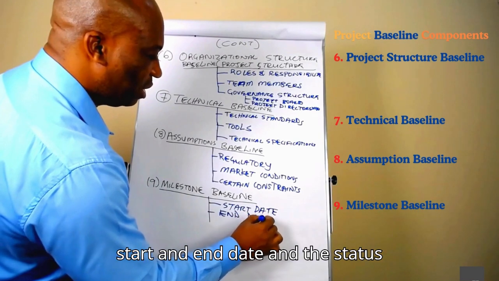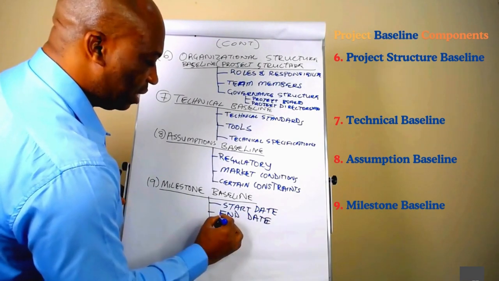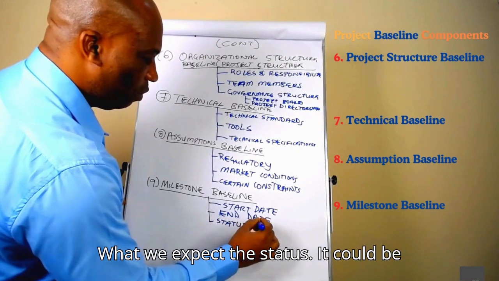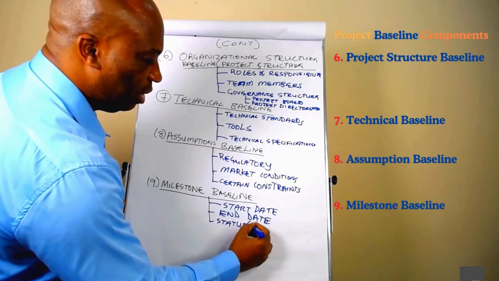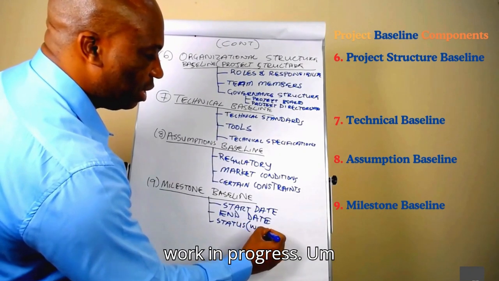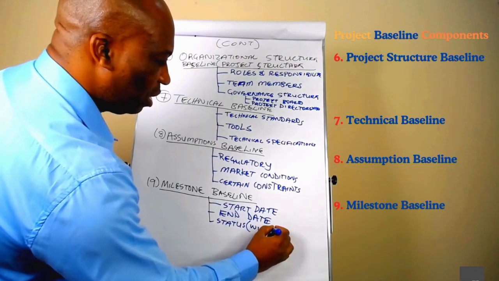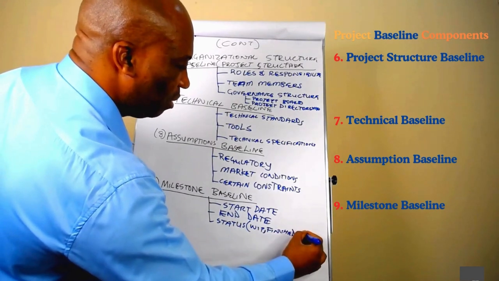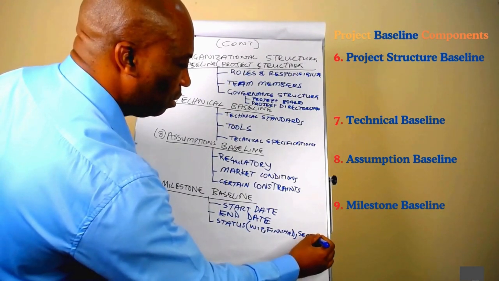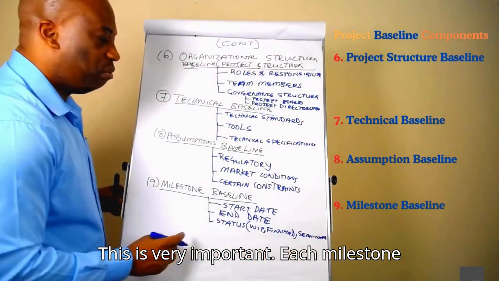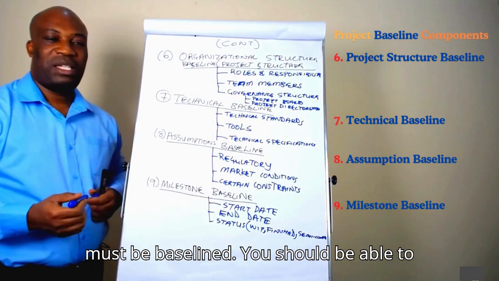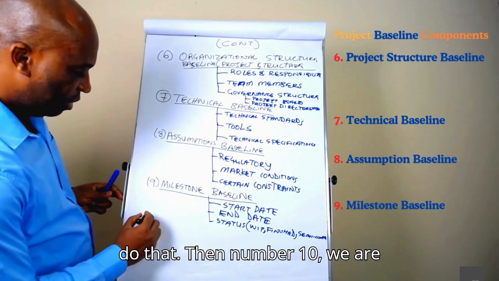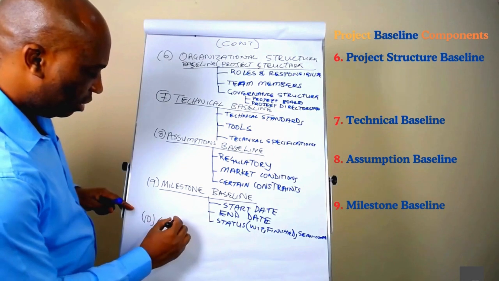Each milestone must have a start and end date and the status of the milestone. What to expect the status? It could be work in progress, it could be finished or semi-completed. This is very important. Each milestone must be baselined. You should be able to do that. Then number 10, we are looking at constraint baseline.